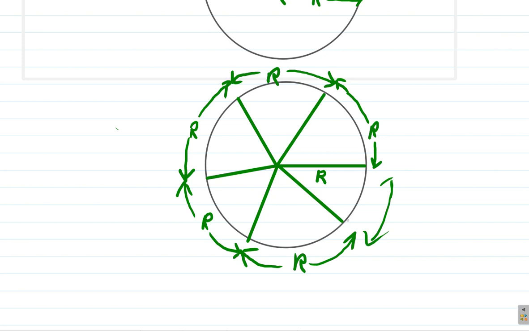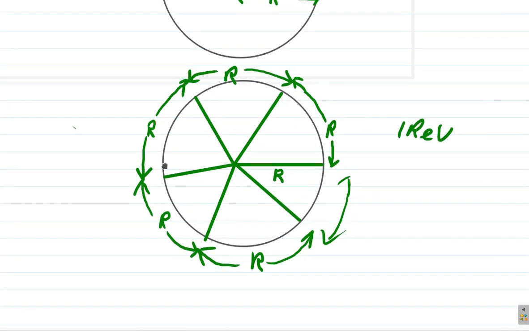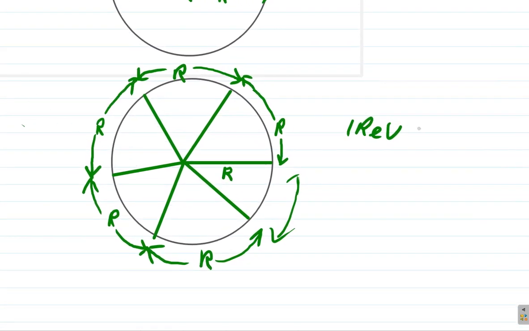But if we swing this thing right around all the way, we would cover one revolution, and that complete revolution would contain 360 degrees, right?